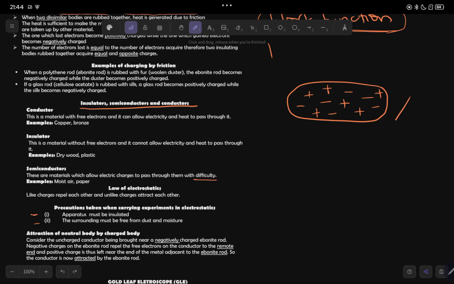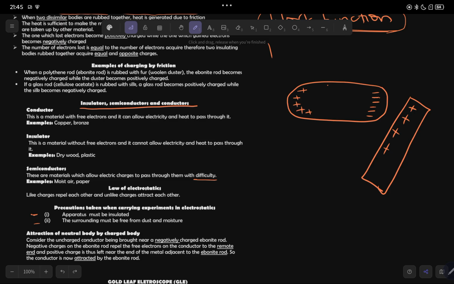When you bring a charged body close to it, let me bring now a positively charged body. The charges on this neutral body will now redistribute themselves. The negatives will be attracted to the end near the positive charges, whereas the positive ones will be repelled to the far end.